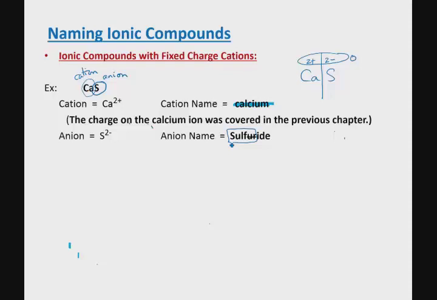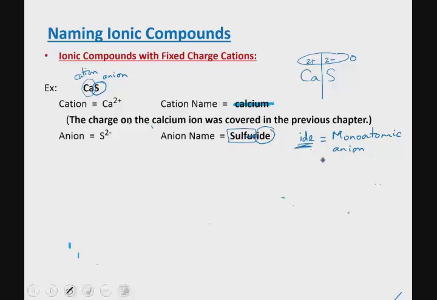We take the suffix out, we cross this out, and add a new suffix IDE. Whenever you hear a name ending with an IDE, that will, for the most part, indicate a monoatomic anion. There are a couple of exceptions to this rule.